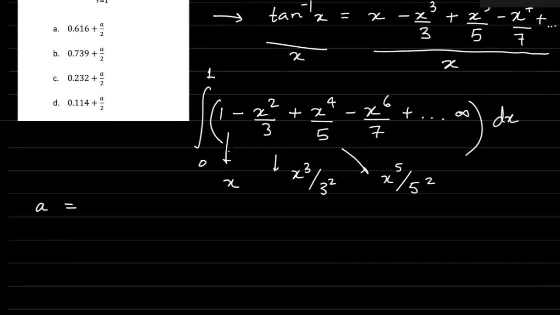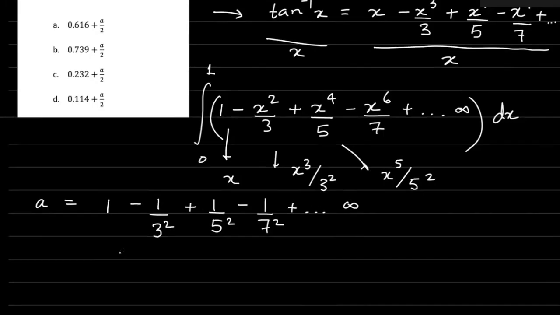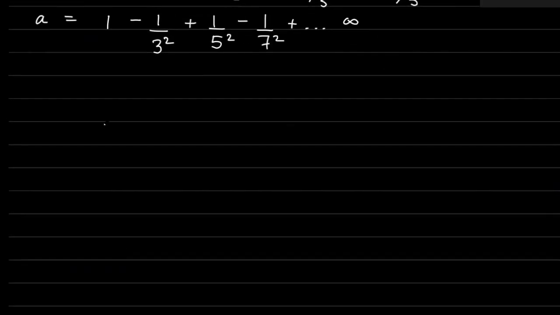And hence, after putting the limits and giving the appropriate signs, we'll get a as 1 minus 1 by 3 square plus 1 by 5 square minus 1 by 7 square till infinity.